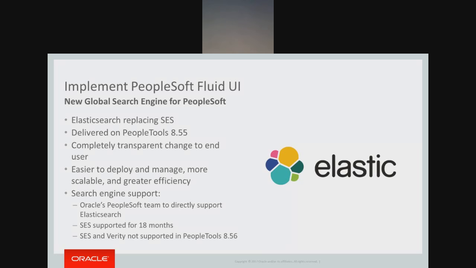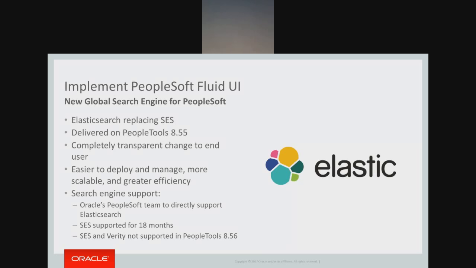It's extremely easy to implement. You may have run into struggles implementing secure enterprise search, and a lot of customers who have struggled to implement that functionality find that Elastic is much easier. It's really meant to be an appliance where you get it up and running and it does its thing.